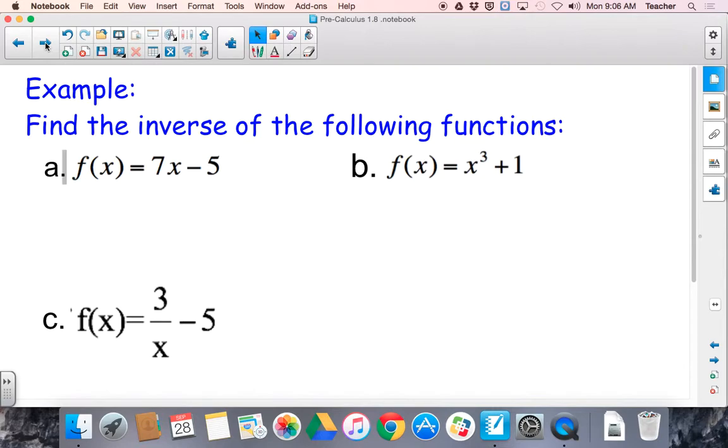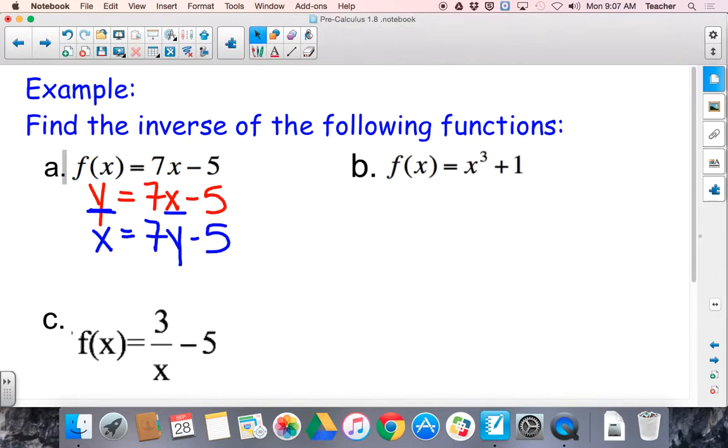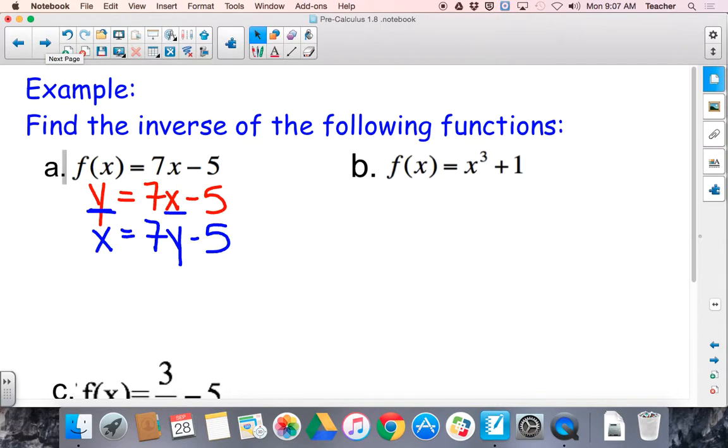Here you will see that f of x is basically the same thing as y, so that's what I'm going to go ahead and do. y equals 7x minus 5. Now that first step was to replace the y value with x and the x variable with y. So now I have a new equation that says x equals 7y minus 5.